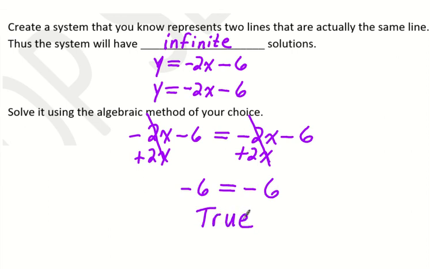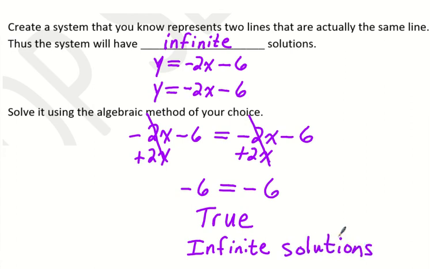When that happens, you can conclude that there are infinite solutions to this system. Once again, you don't end up with x equals some number. The whole thing breaks down, and from there it just depends on whether what you have is true or false.